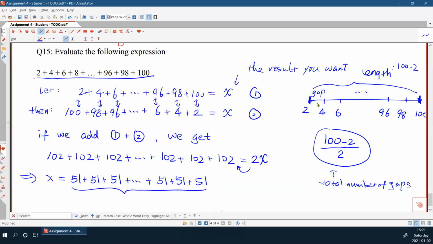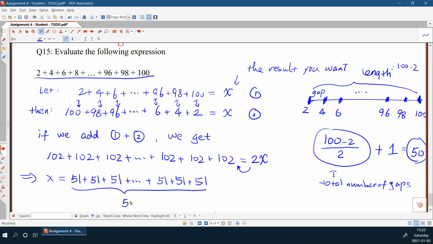But you want to find the total number of points here, right? The total number of points is always one more than the total number of gaps. So here you need to plus 1, right? Plus 1, you get the total number of points. So the result is 50, right? You have 50 data points here.